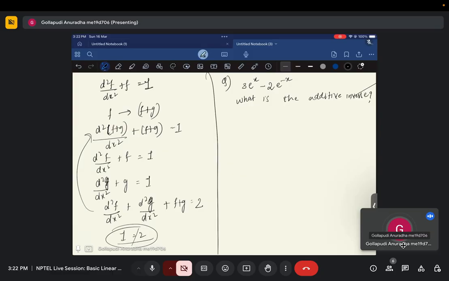When you add something to this, you must get 0. And what is that something? That's called additive inverse. That's a hint here.